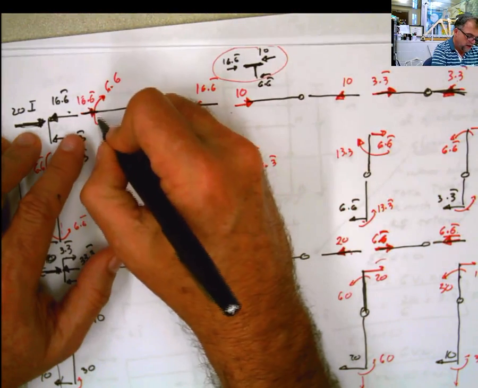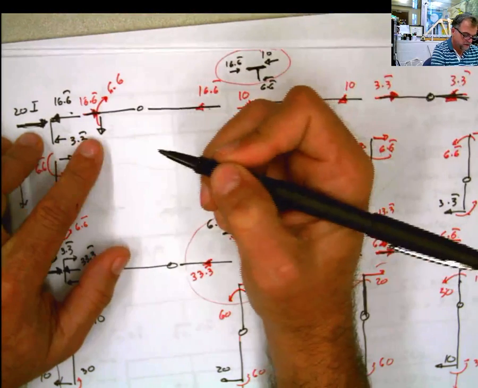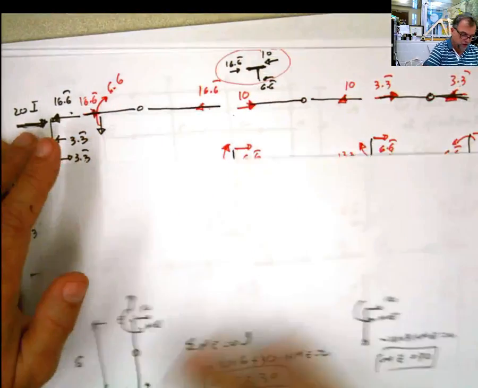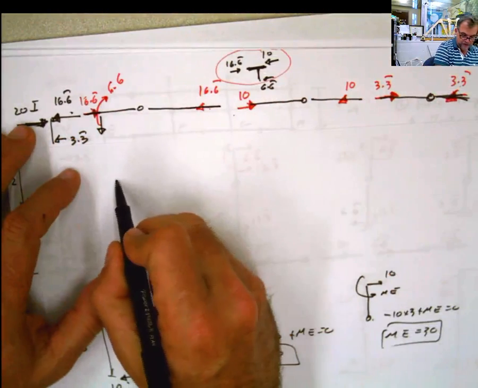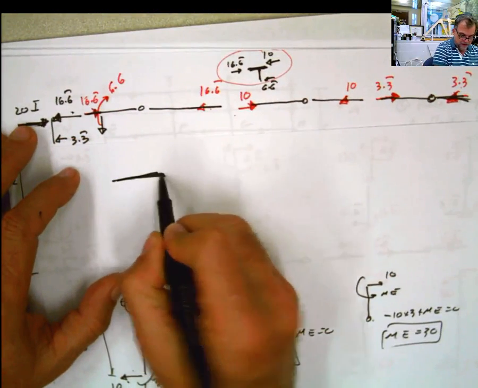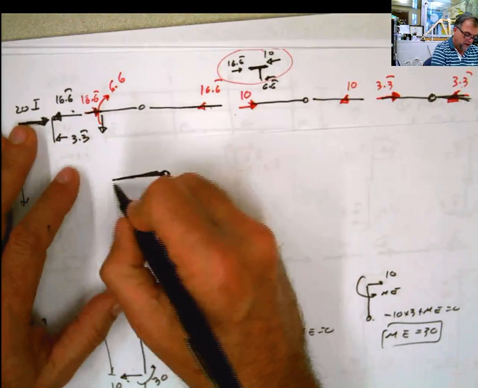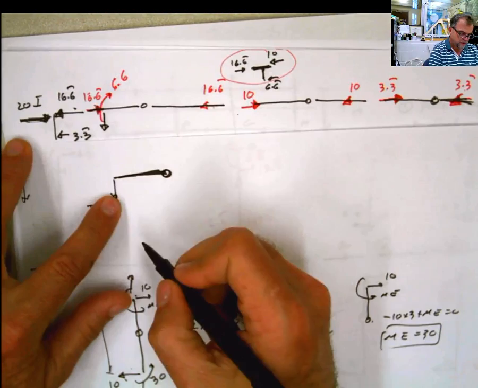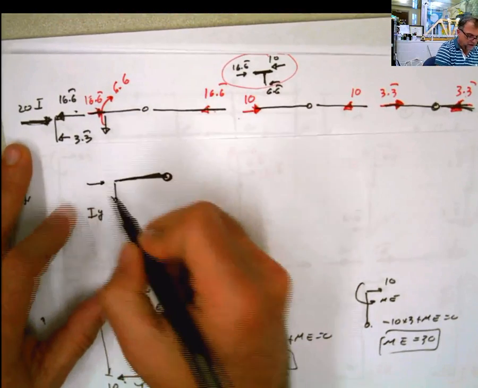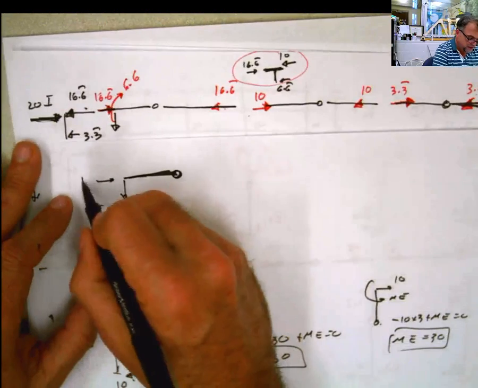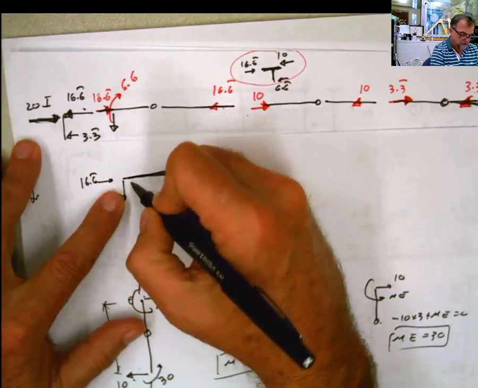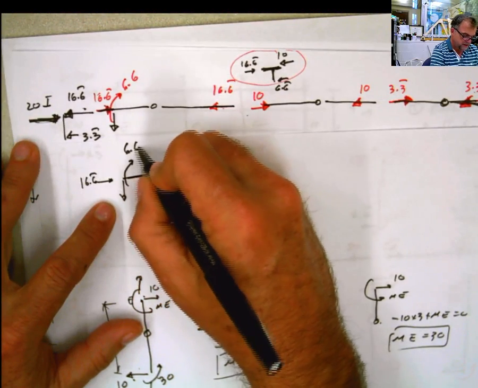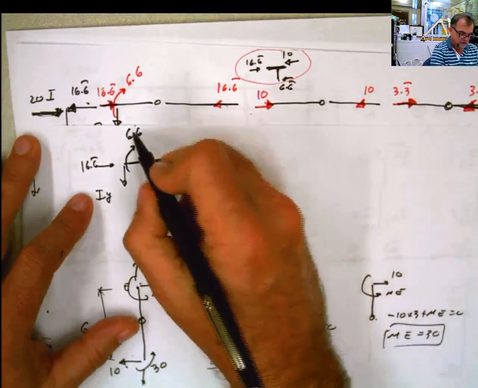Now I know that here I'm going to have a reaction in this direction or in the other direction. I don't know what the direction is, but now if you check this hinge, and you have this reaction, which I don't know what the name is, but I'm going to say IY, and I have that force over there, which I really don't care too much about, but that force is 16.6, and I have this moment in this direction, and this moment is 6.6 in that way, 6.6.